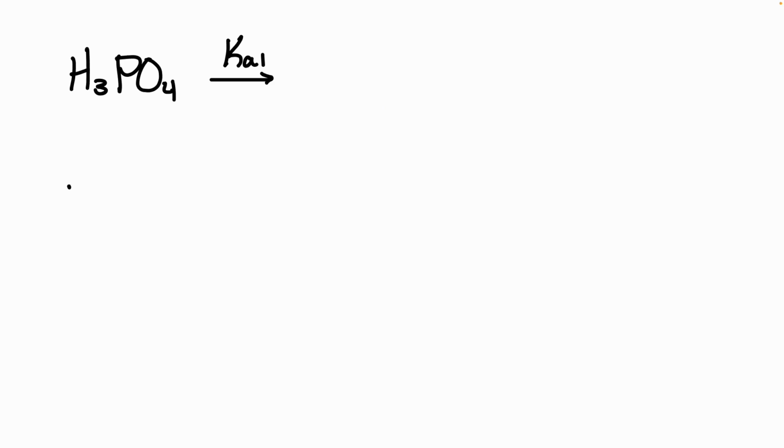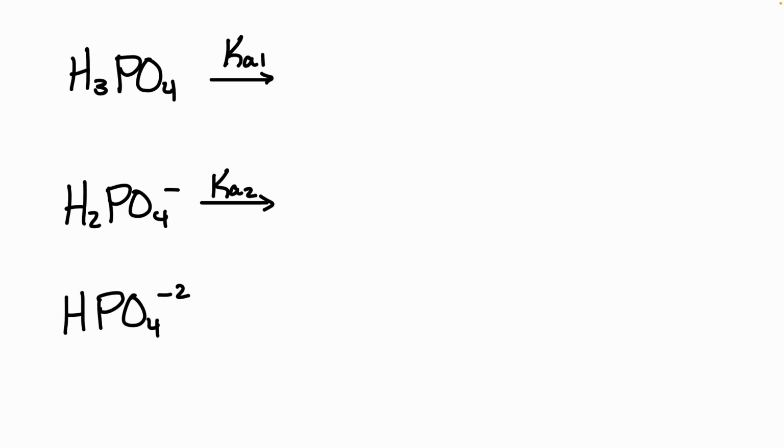But if instead I started out with that having already lost a proton, then I would be using my Ka2 value, or if I was talking about that last proton, I would be using that Ka3 value. So for these polyprotic acids, acids that can donate multiple protons, they have multiple Ka values. You're going to use whichever one corresponds to the correct state of that molecule that you're given.